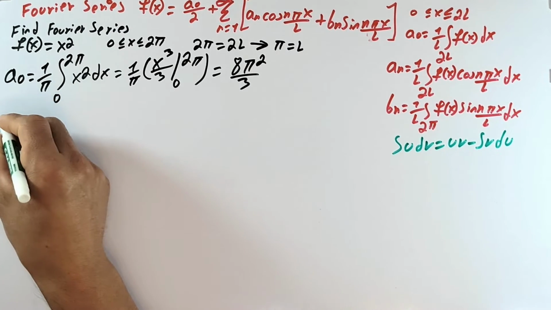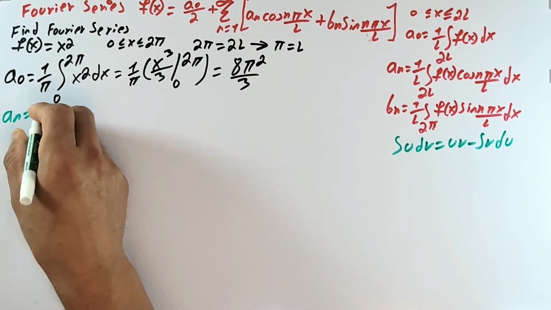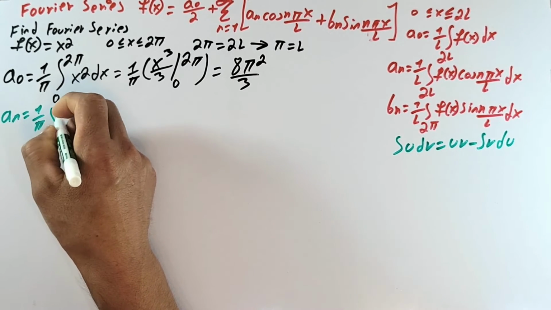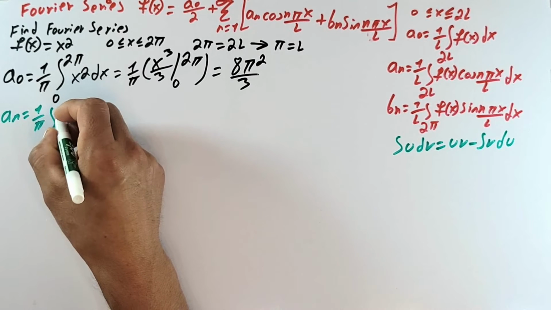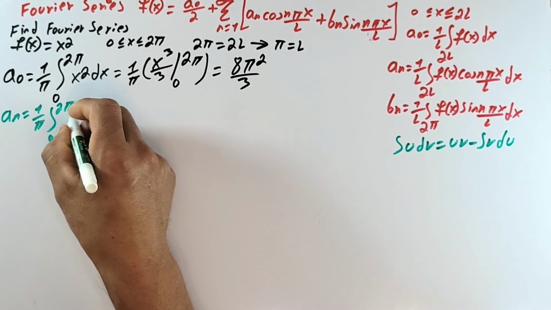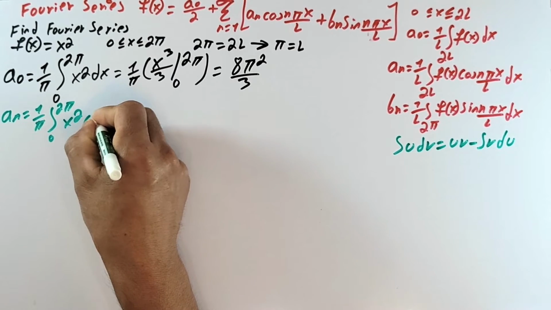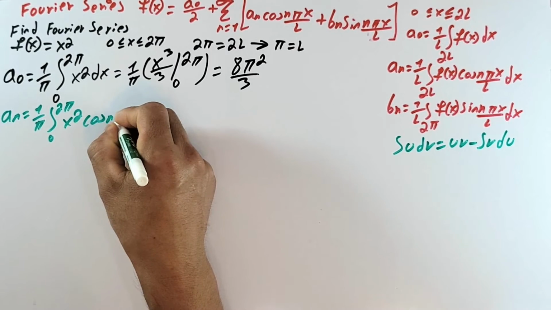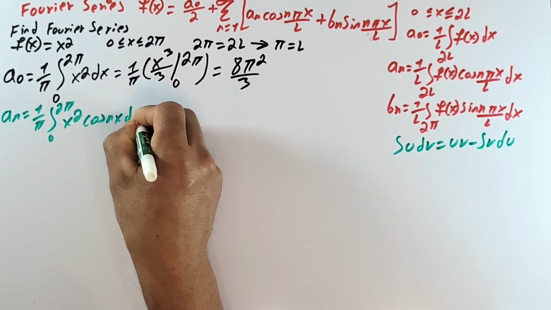So an is given by 1 over pi integral from 0 to 2 pi. It's a lot of writing. x squared cos nx dx.